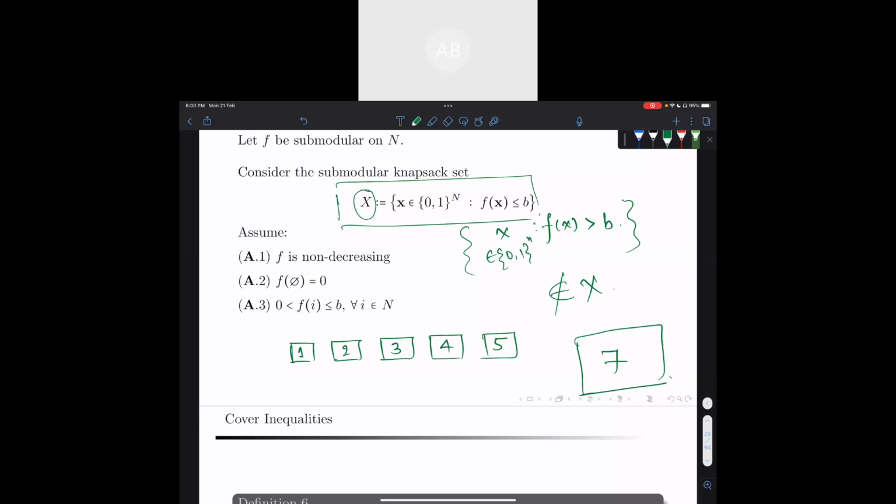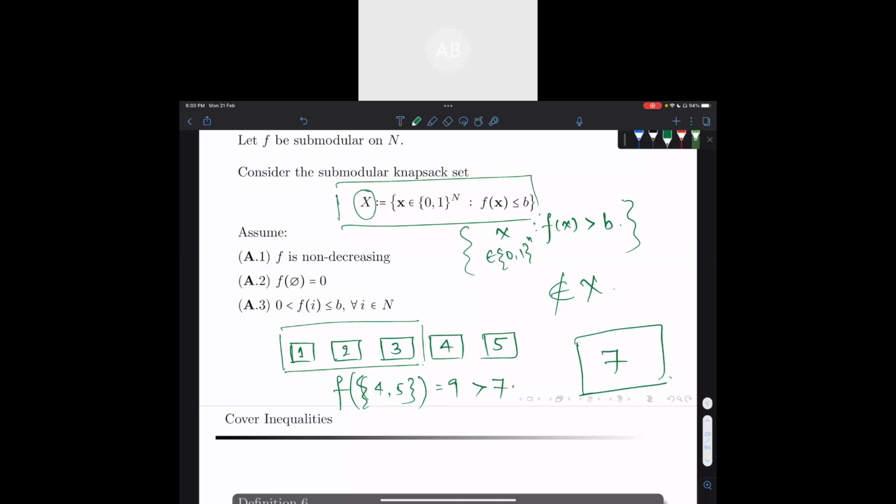So that becomes a cover. 4, 5 becomes a cover, right? Because f of 4 comma 5 is equal to 9, which is greater than 7. And if I say, imagine that these 3 elements were not there, then what can you say about any feasible solution over this restriction?